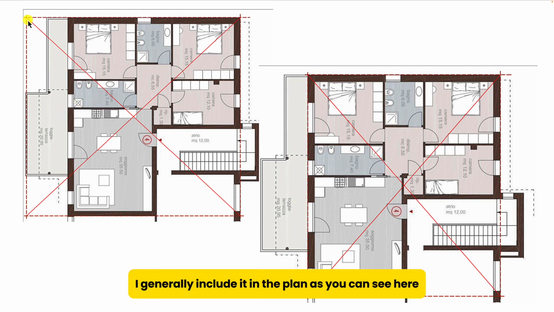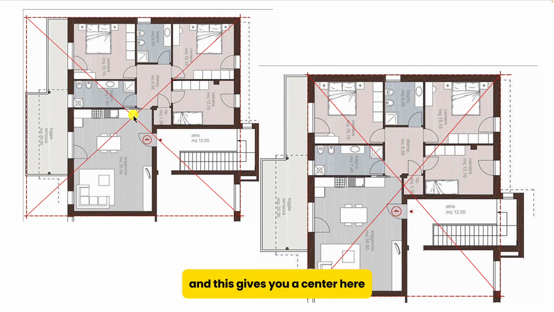As you can see here, I have included this large terrace, and this gives you a center here. If I hadn't considered it included in the home, then I would have a shift in the center. You see here, I have traced a rectangle here and then the two diagonals.